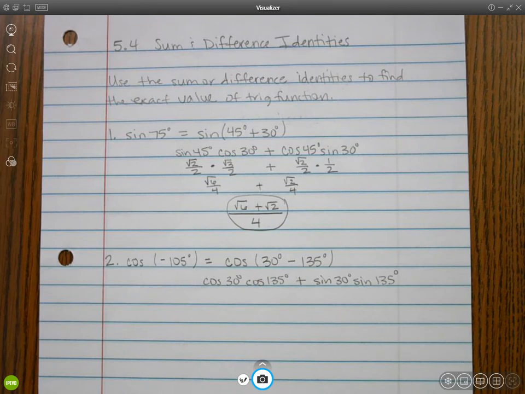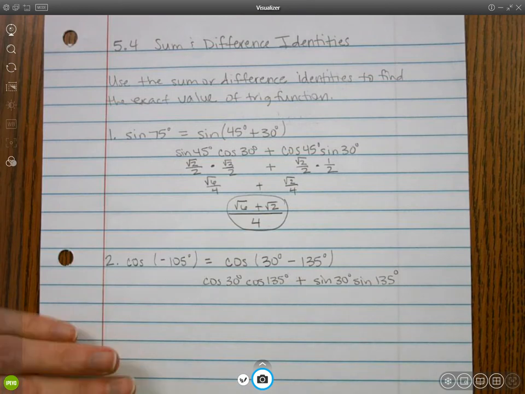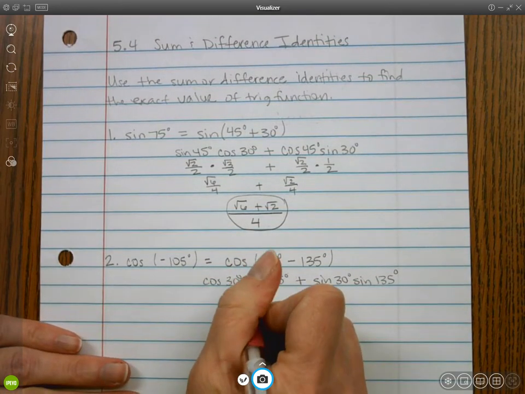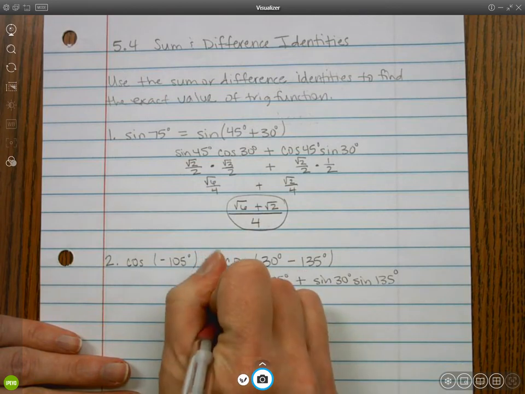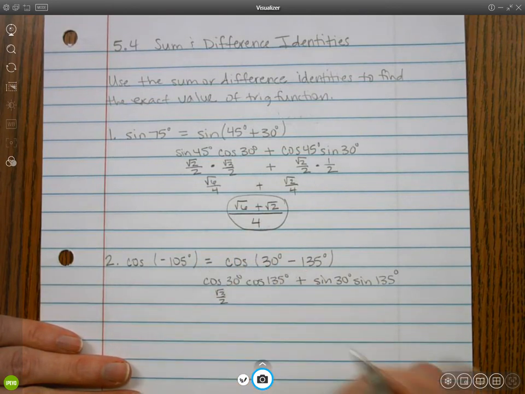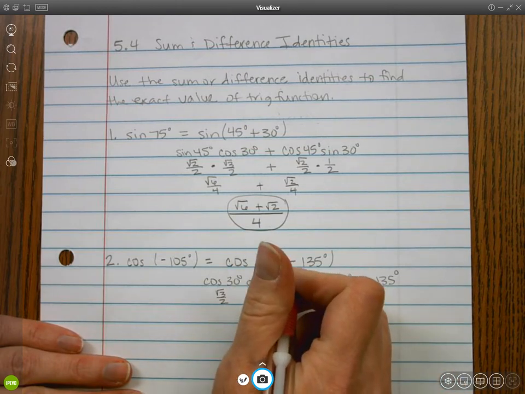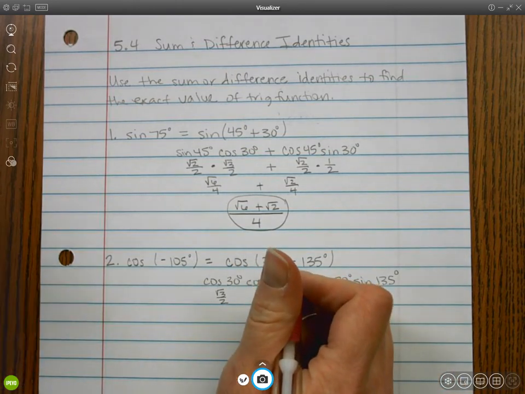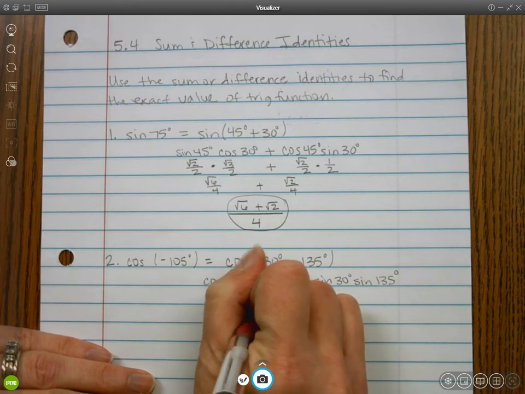All right, so if you look those up on your unit circle, let's see what we're going to get. So cosine at 30 is root 3 over 2. Cosine at 135 is negative root 2 over 2.